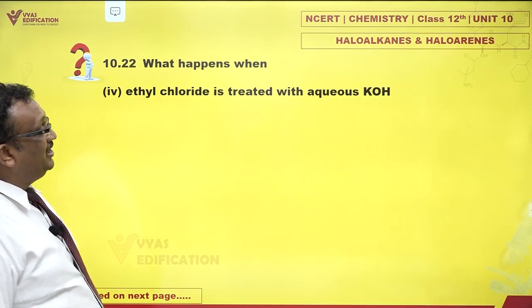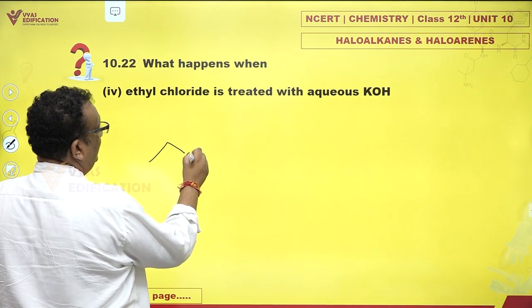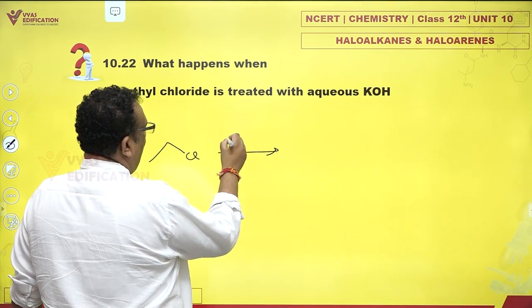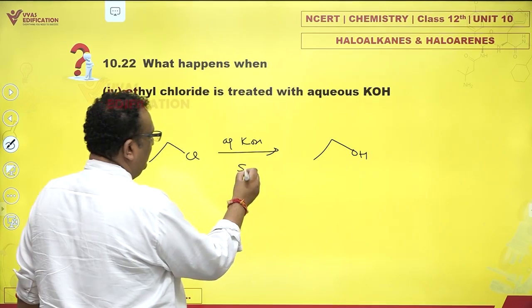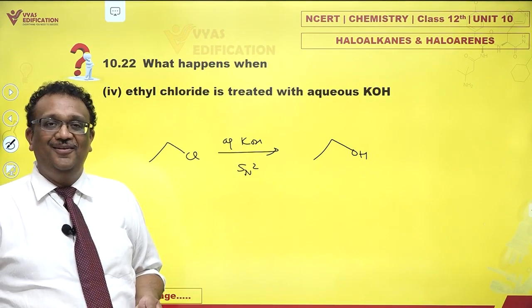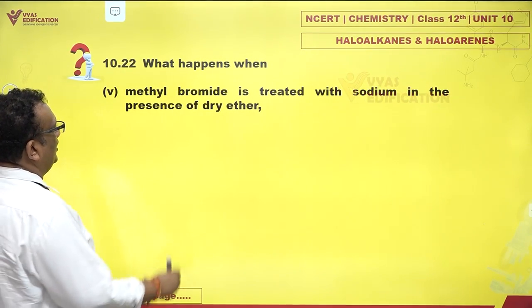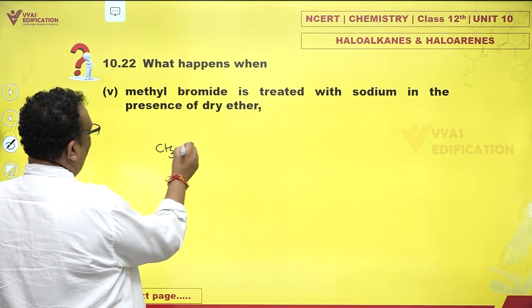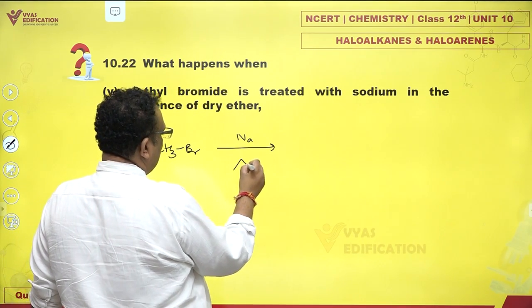Ethyl chloride is treated with aqueous KOH. If you add aqueous KOH, it's a classic one-step SN2 reaction and you get ethyl alcohol. Wow. Methyl bromide is treated with sodium in presence of dry ether. This is the classic Wurtz reaction.